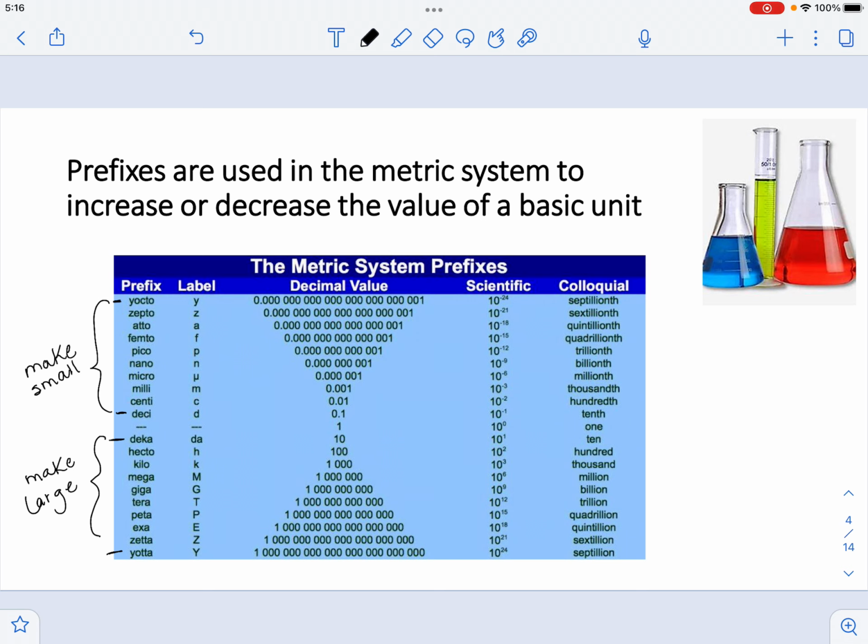In the third column you can see their decimal value, in the fourth column their scientific notation, and you can also see the colloquial. Understand that these prefixes are just to illustrate that the prefixes are actually more extensive compared to the ones that we talked about in lecture and that are given in Table 2.4 from the textbook.